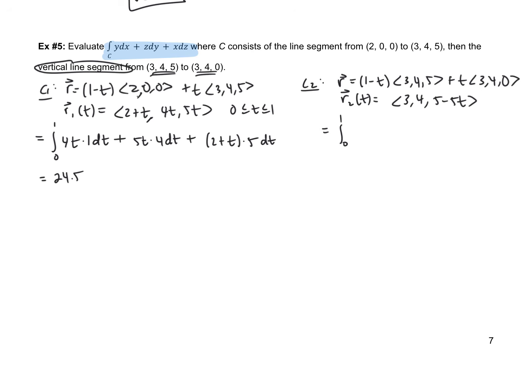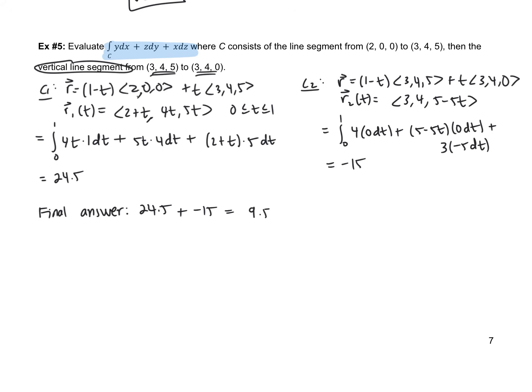Okay, so then we get the integral of 0 to 1. y is 4, dx is 0 dt, z is 5 minus 5t, dy is 0 dt, and then x is 3, and dz is negative 5 dt, and that ends up being negative 15. So our final answer comes when we add those two together. 24.5, plus negative 15, and we get an answer of 9.5.